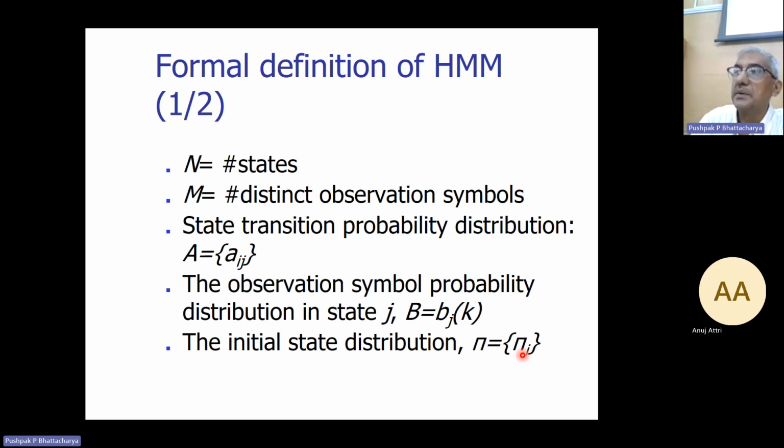U1 or U2 or U3? Okay, so that probability distribution is also given. And of course, the values have to sum to 1. So I hope the formal definition of the hidden Markov model is clear to you: states, observation symbols, transition probability, observation probability, and initial state distribution probability.